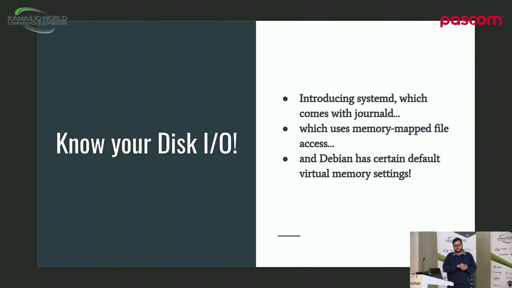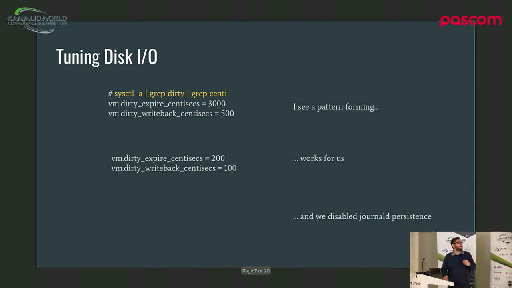And the third thing which caused this unpredictability is that journald is actually using memory-mapped file access. So it was Sherlock Holmes style digging into the system, but Debian has certain default virtual memory settings, which at least I didn't know. One of them was actually mentioned by Henning in the last talk.